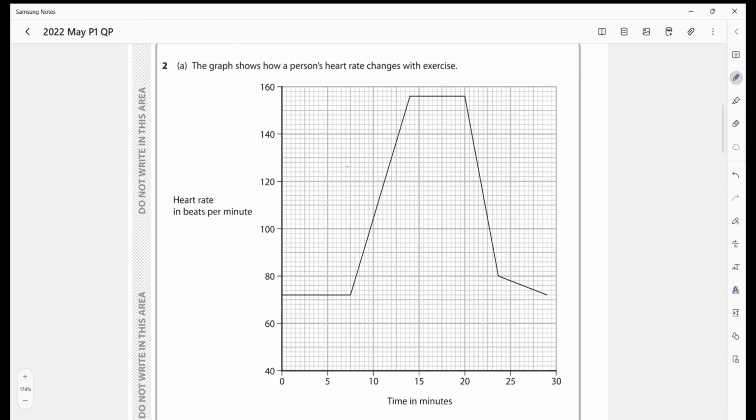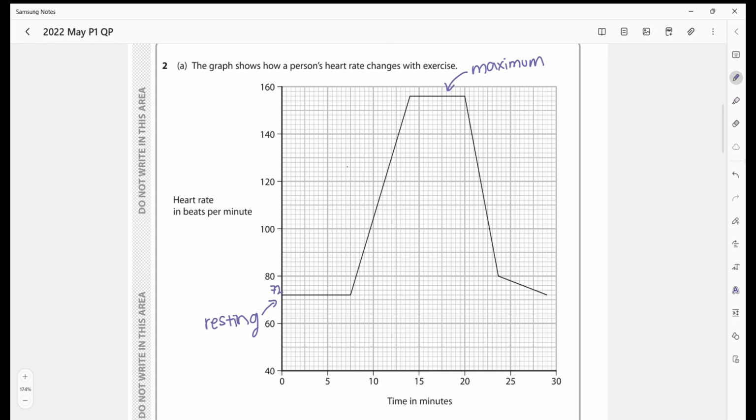If you can see here, this is the resting heart rate, before the person is exercising, and this would be the maximum heart rate. So this is the resting. If this value represents 70, then this would be 72.